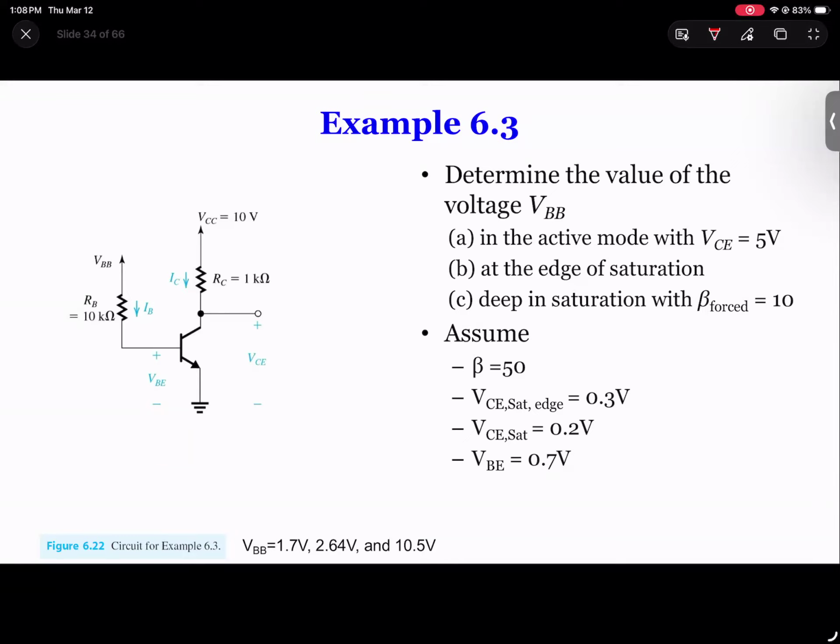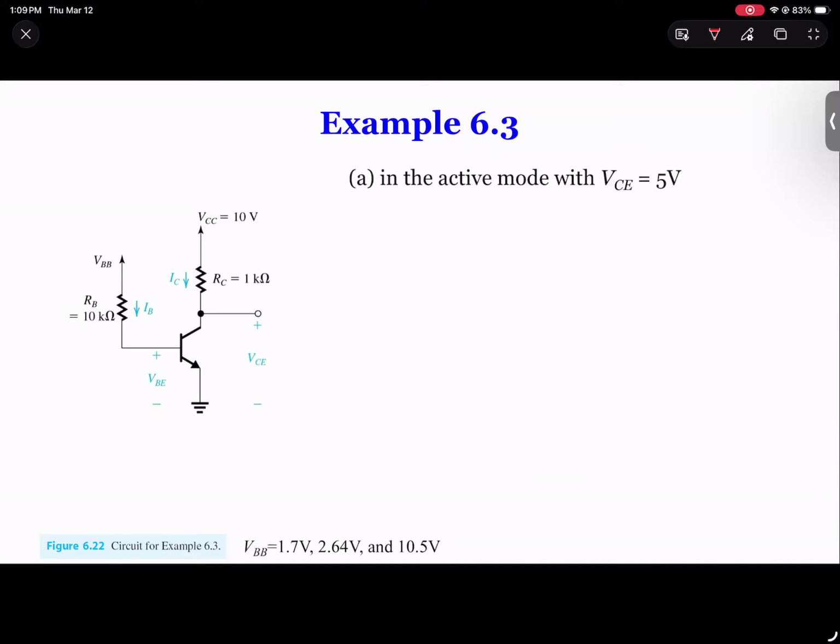Now, of course, we could have a different number, but that's what the problem gives. With all these assumptions we can start to solve the problem. So the first one is active mode. They want to find voltage VBB. In active mode, VC was given at 5 volts.